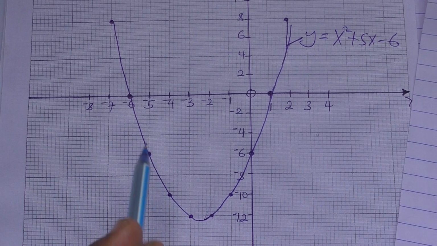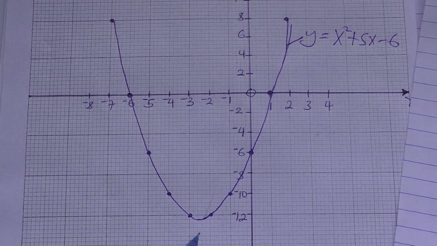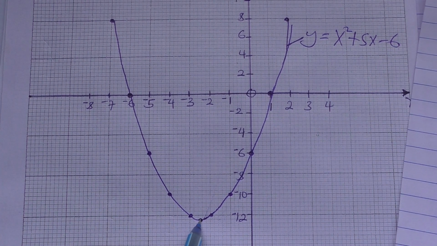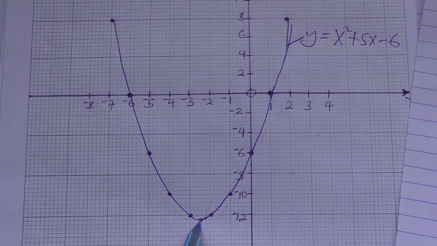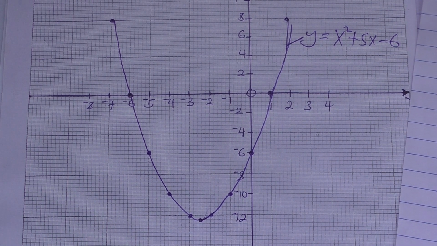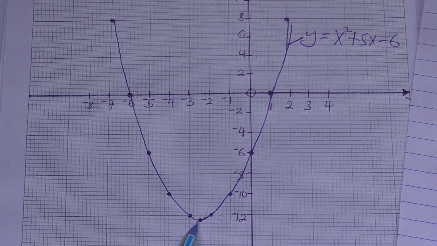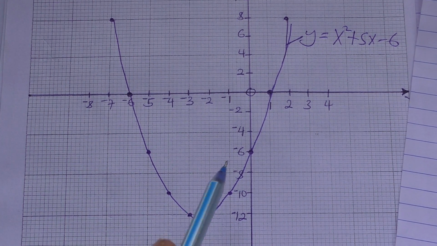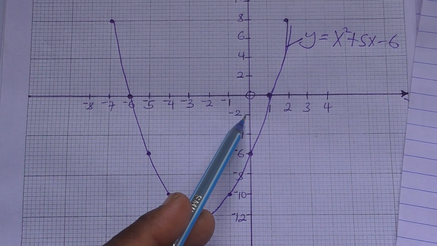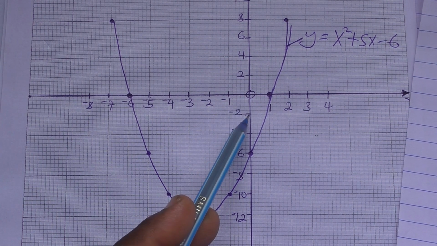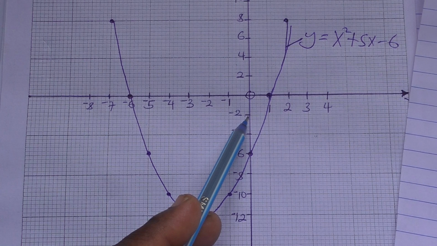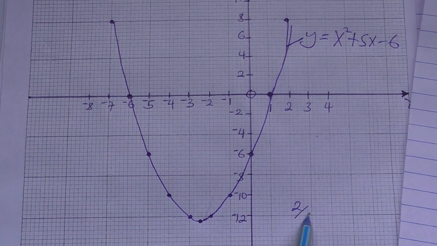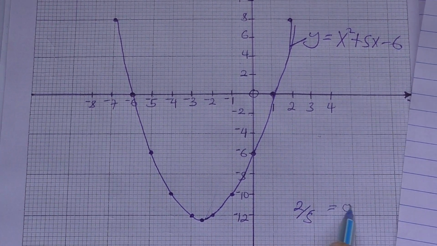Now this one is U-shaped, and the turning point, or the vertex, is down here. So if they ask for the coordinates of the vertex, we are recording this. Mine is around, because I've used an interval of 2 and I've used 5 small boxes to represent 2, meaning that each small box has 2 divided by 5, which is 0.4.